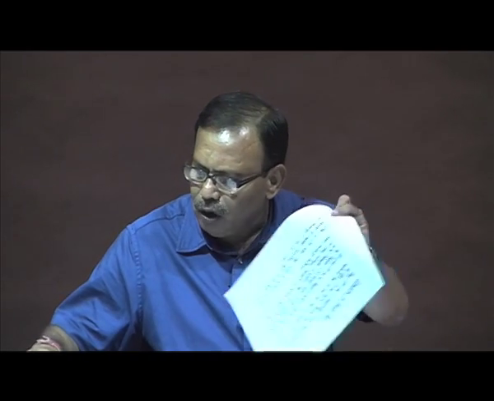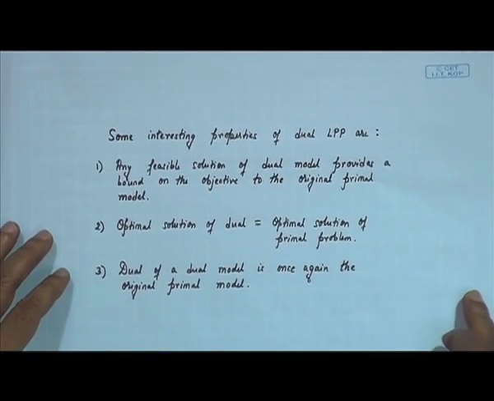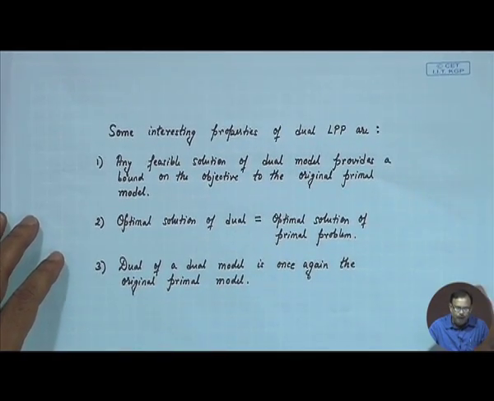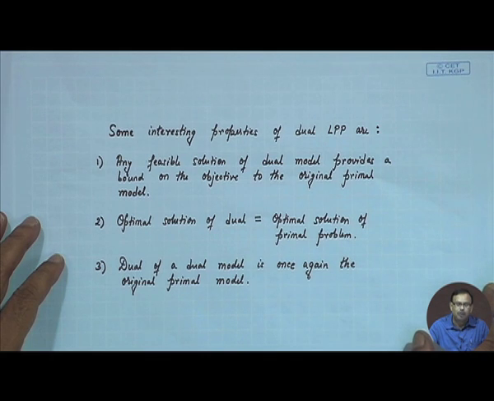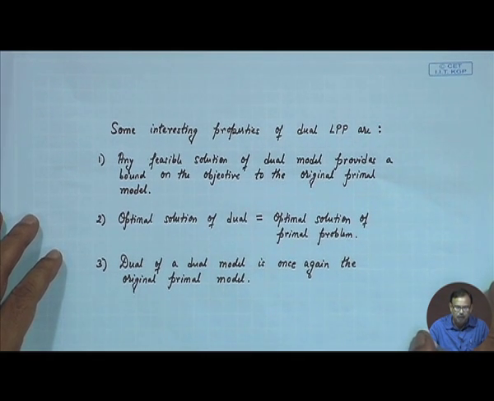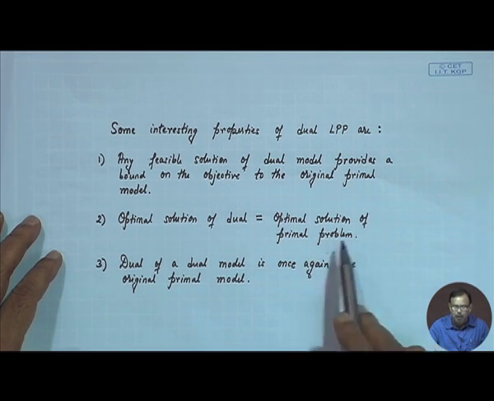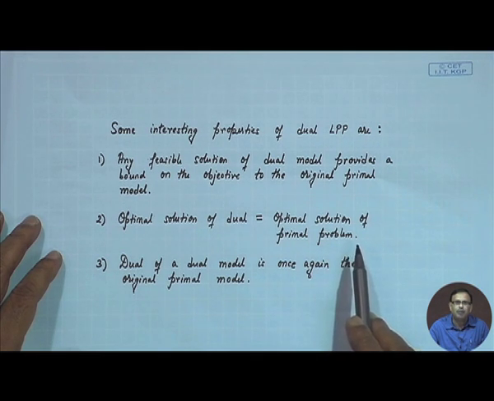So, some interesting properties of the dual LPP. Number 1, any feasible solution of a dual model provides a bound on the objective of the original primal problem. Number 2, the optimal solution of the dual equals the optimal solution of the primal problem.